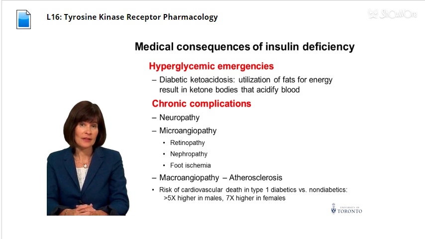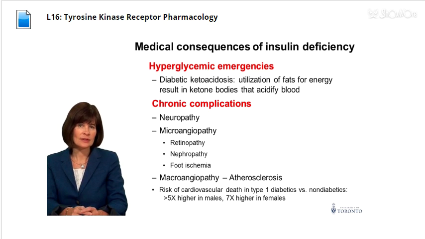Diabetic retinopathy is one of the leading causes of blindness, and kidney disease associated with diabetic complications is one of the leading causes of requirement for dialysis. Ischemia is the lack of sufficient oxygen supply to the tissues, and this is common in diabetes, particularly in the feet. People with diabetes have to be very careful in the treatment of any injuries to their feet, as they tend not to heal well.